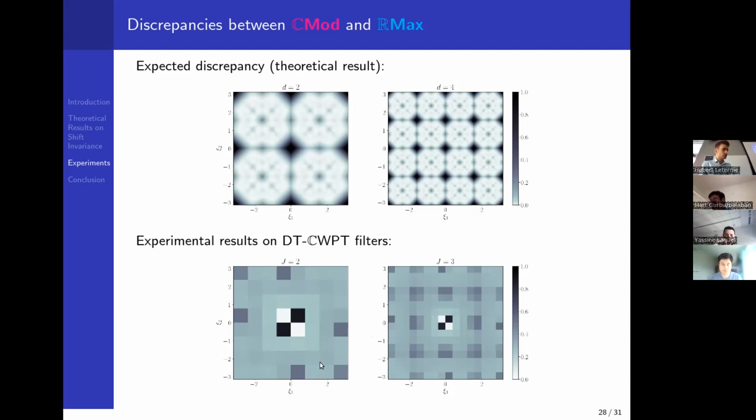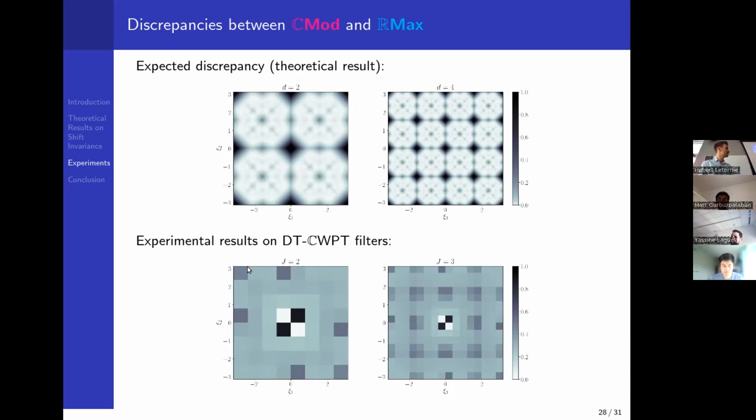Each pixel corresponds to a specific dual tree filter characterized by its frequency. As I said before, the dual tree wavelet packet transform covers the whole frequency plane, so that's what we observe here.